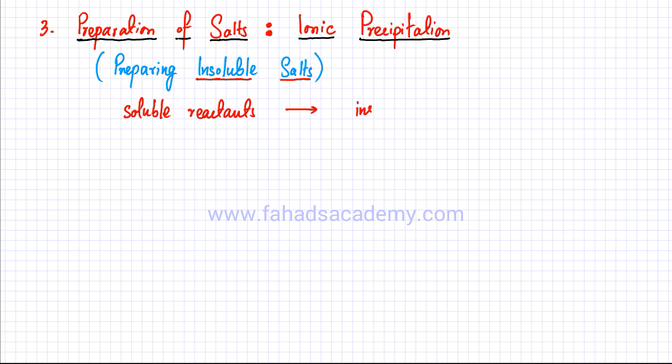So the product would be an insoluble salt from two soluble reactants. Now the thing with these reactants is that they may or may not react together. It's not important that they react together, and I'm going to develop an understanding for this by giving you examples. So they may or may not react together.